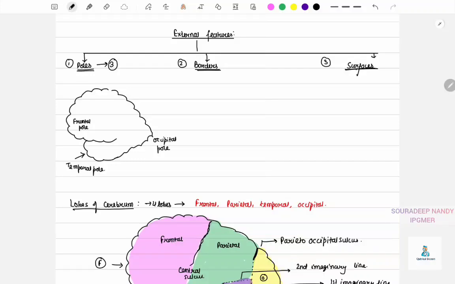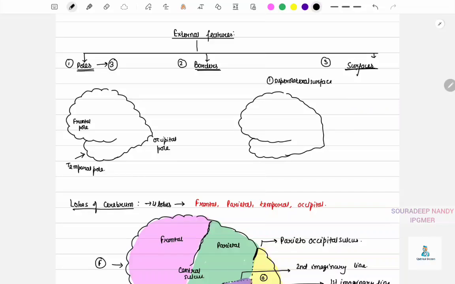Now let us discuss the surfaces of the cerebrum. So we have 4 surfaces. One is the superolateral surface. So this is the superolateral surface.